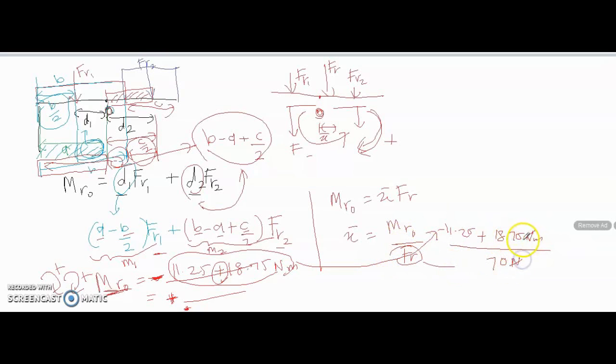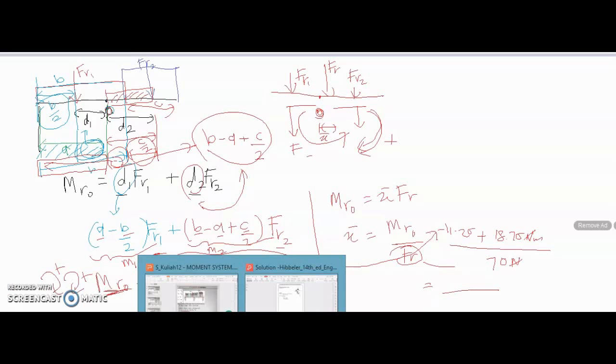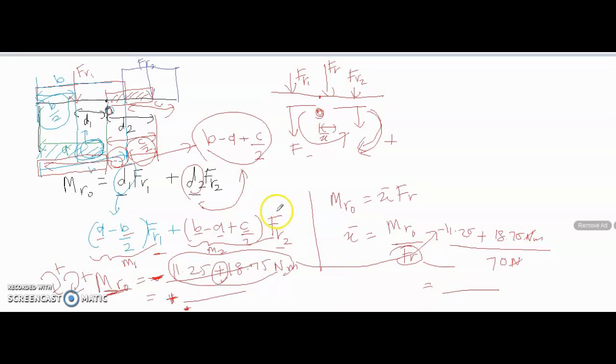So you will get the answer equal to 0.107 meter.